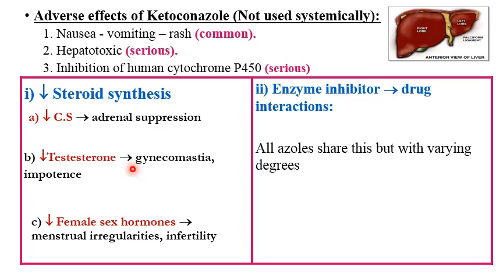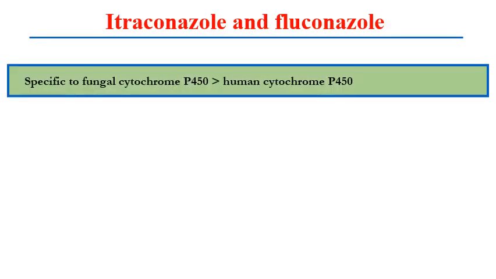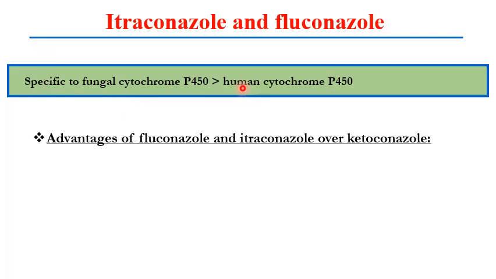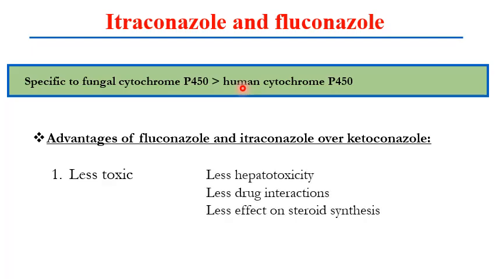They are selective for the fungal cytochrome P450. So drugs like fluconazole and itraconazole can be used safely systemically, as they target only the fungal enzyme, not the human enzyme. As I said, itraconazole and fluconazole are more specific for fungal cytochrome than human cytochrome, so they are safer, less toxic, with less hepatotoxicity, less drug interaction, and less effect on steroid hormones, either corticosteroids or male and female sex hormones. And they are also more effective.